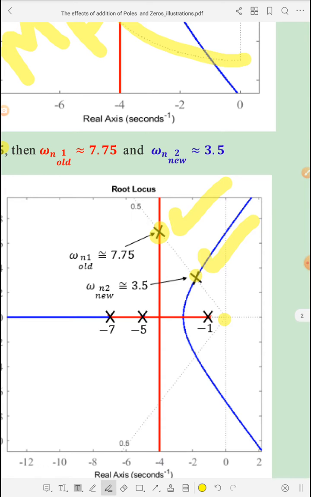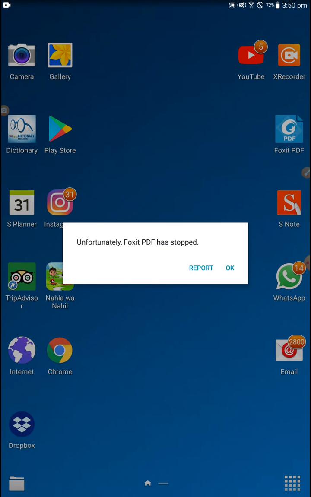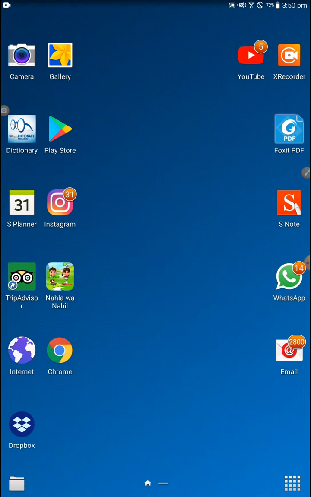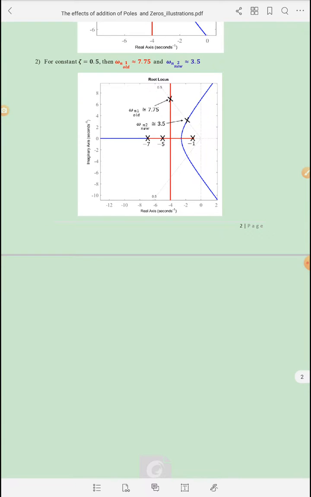And if you remember, all of the time related parameters, peak time and settling time, are inversely proportional to omega n.